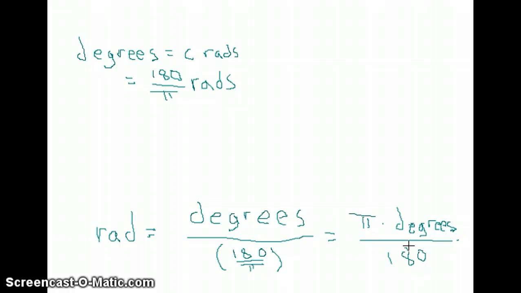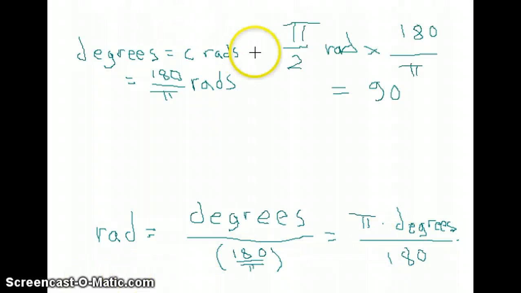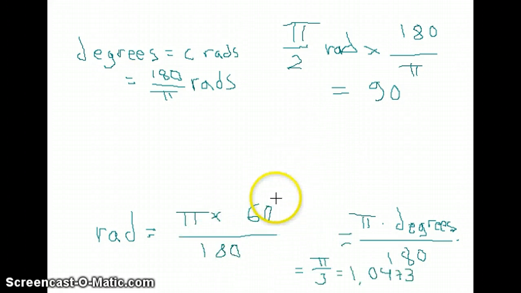Let's give 2 examples with real numbers before we finish this part. The angle pi divided by 2 rad is, as calculated here, 90 degrees, so this is a right angle. And then we take an example from the degrees to rad calculation.